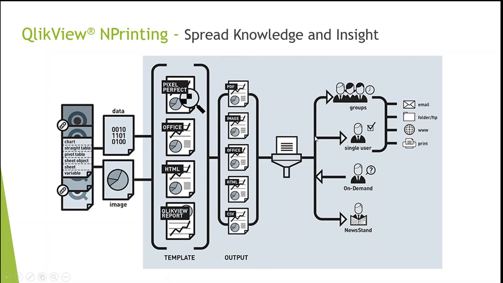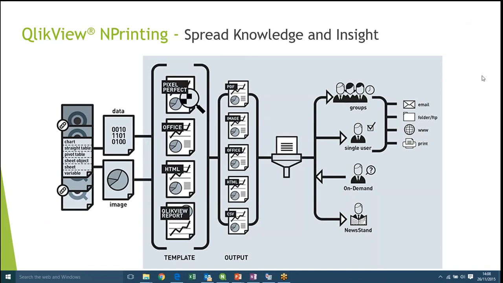To make it really powerful, we have the option to apply filters. So filters is like thinking of making selections within your QlikView application. So if you want to filter on a particular year, on a particular product, whatever that might be to produce your report, we can make those filters within NPrinting, produce specific reports based on those, and then send them out to our users.